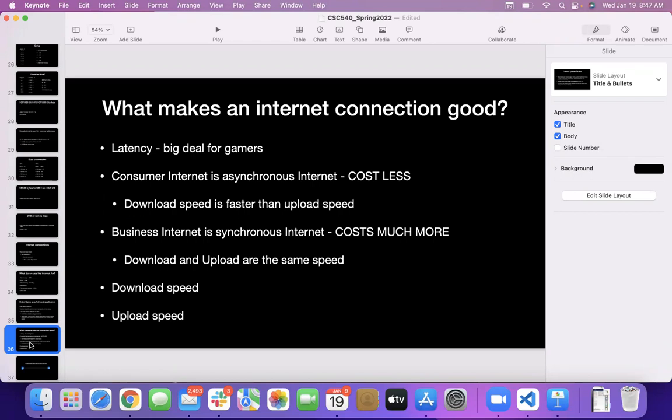So, you know, what do they do? They go to a business and they say, okay, well, we're going to sell you your internet at 7 times what the consumer is paying for their internet. But here are the promises we're going to make you. We're going to say you have 99.9% uptime, yada, yada, yada. We're going to give you synchronous internet, same speed both ways, stuff like that.